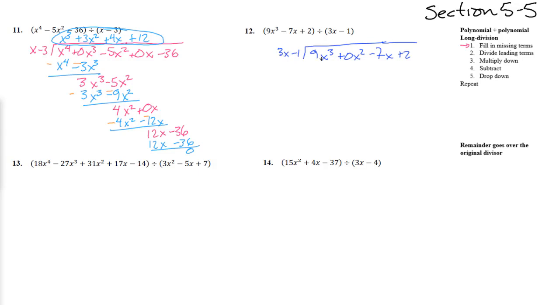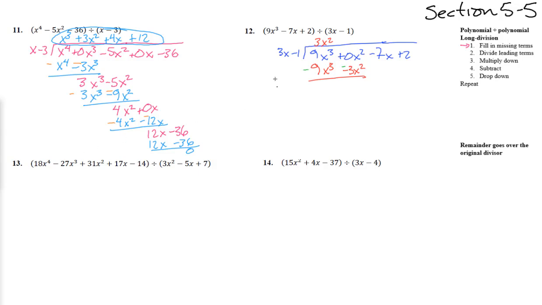Leading term, 3x goes into 9x cubed how many times? 3x squared. Will that do it? 3x squared times 3x is 9x cubed. Good. And 3x squared times a negative 1 is a negative 3x squared. And now don't forget to subtract.